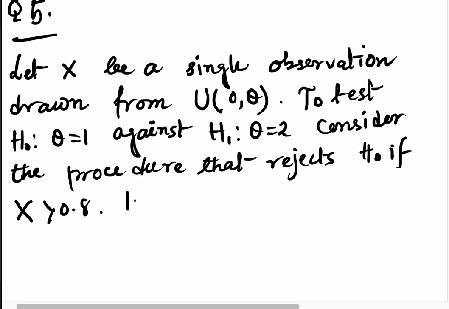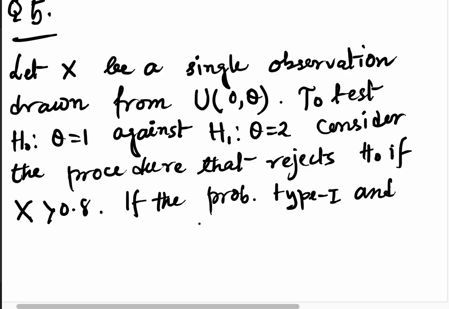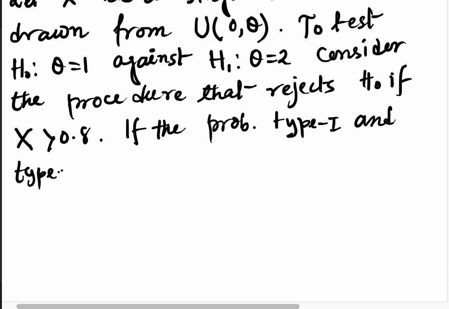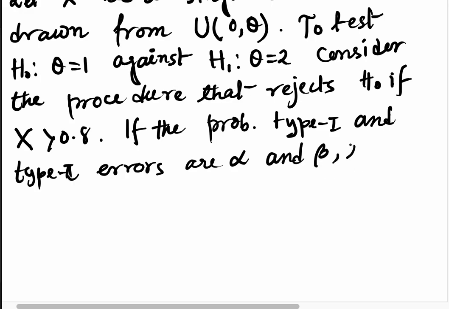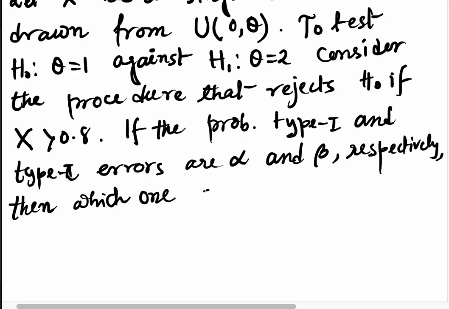Now if the probability of type 1 and type 2 errors are alpha and beta respectively, then which one of the following is correct?